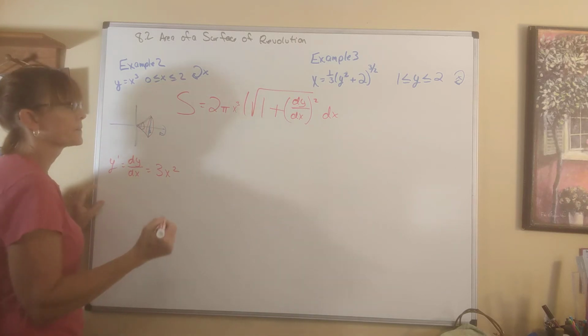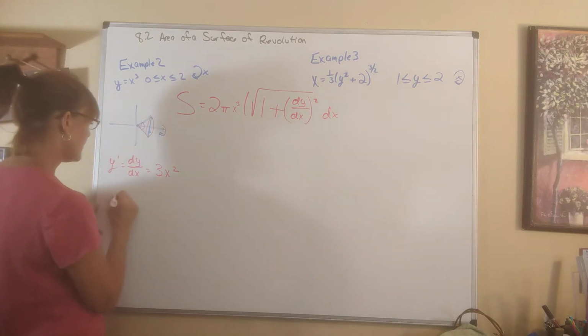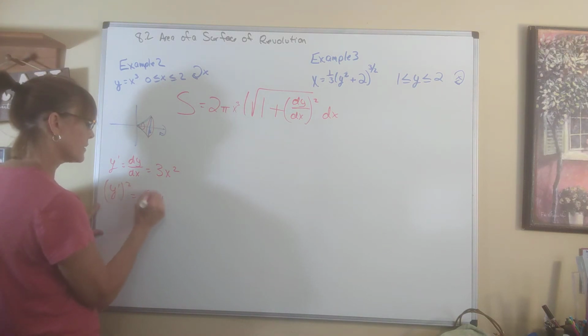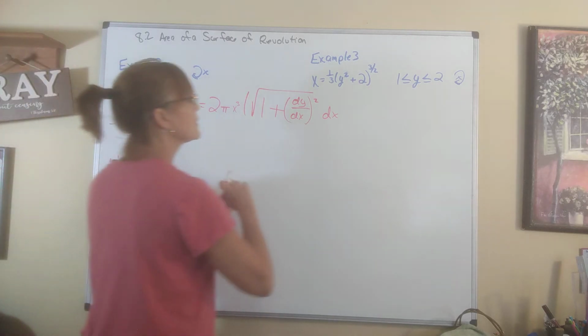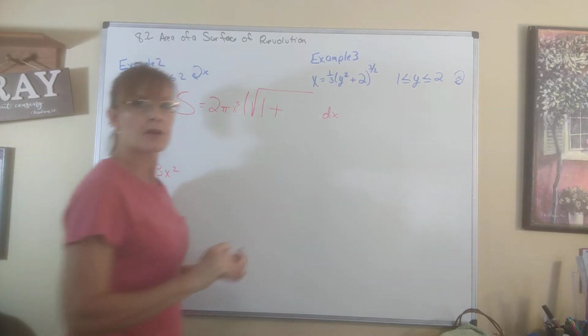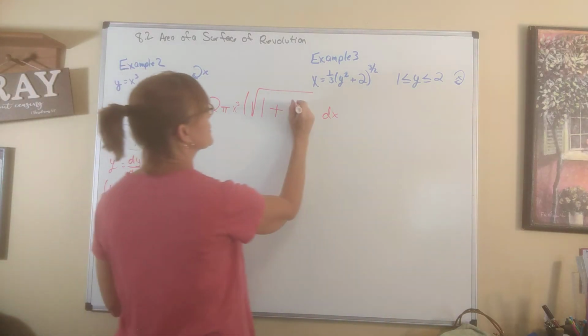Okay, so if I square that, that's equal to 9x to the 4th. All right, so that's what I'm going to put in here. I'm going to replace this with 9x to the 4th because I've already done that work ahead of time. So 9x to the 4th.